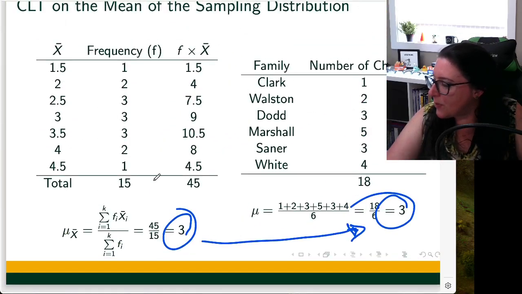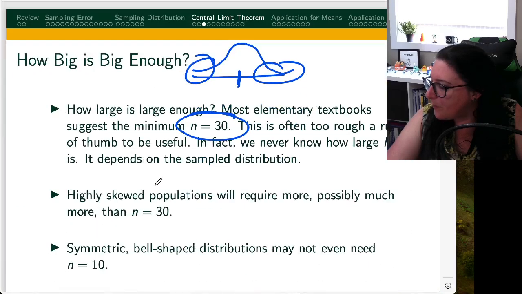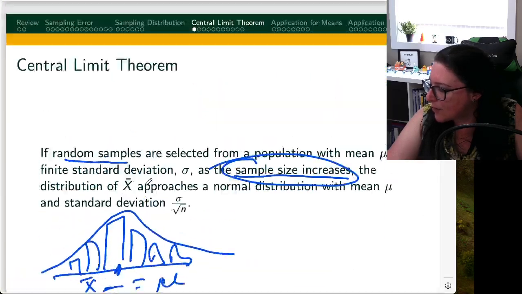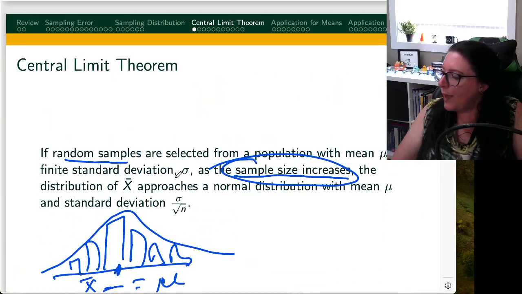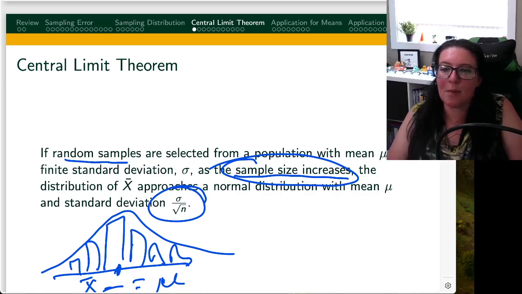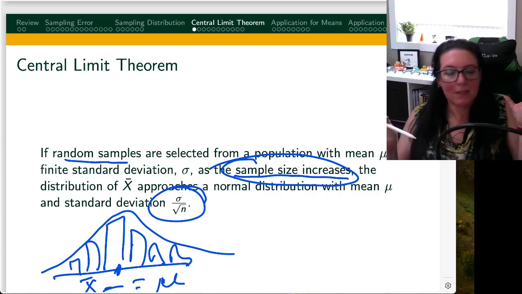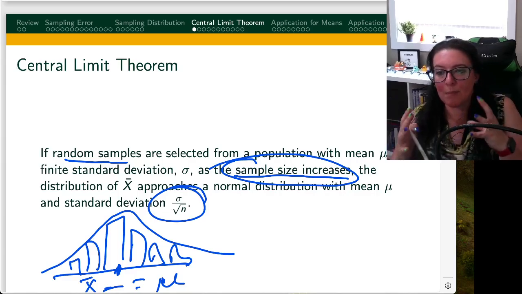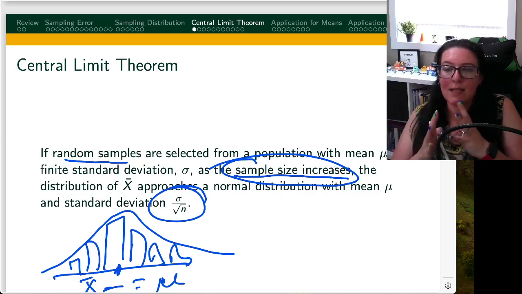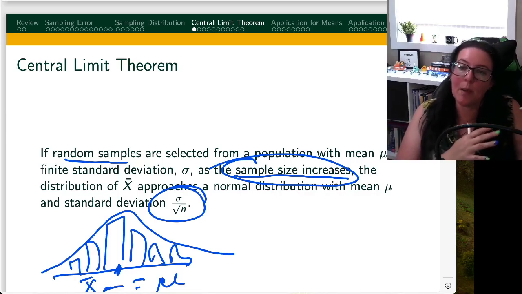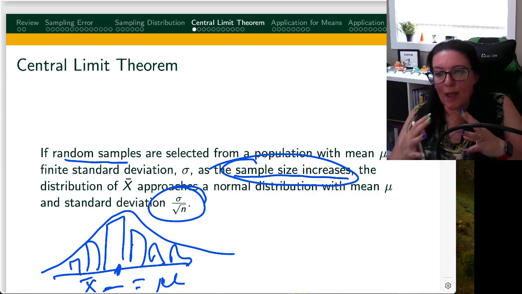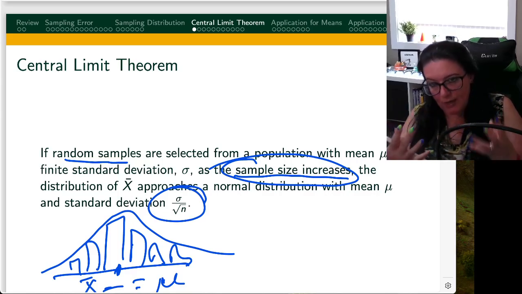We can also use the central limit theorem to get to the standard deviation with an adjustment for the sample size, for the fact that the sample statistics in our sampling distribution are going to have less variability than the underlying population. And so we have to take that into consideration and do that adjustment.